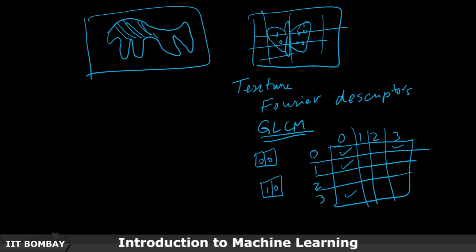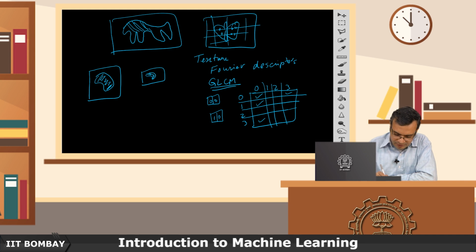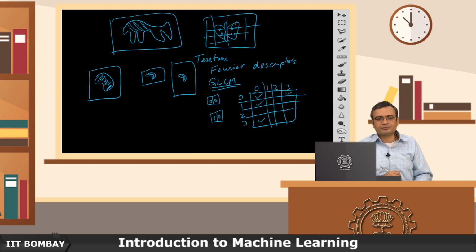Then we also want to extract shapes from images. For shapes, let's say most of the image is dark background and we have objects that are light in the foreground, and we want to extract the shapes. Now one problem that immediately occurs with images is that the same shape can be smaller in a smaller image, or far away from the camera so it appears smaller, but it's actually the same shape.